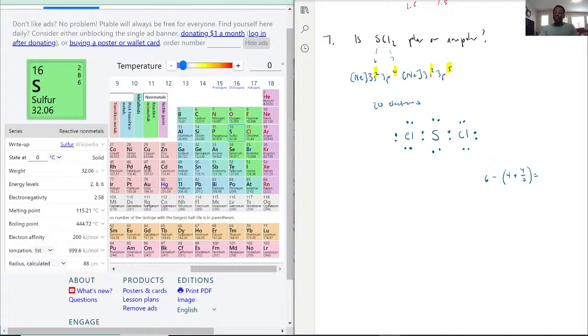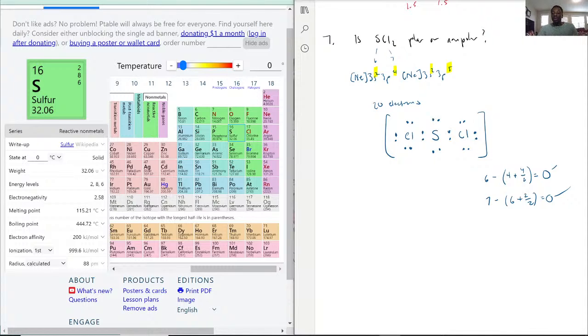So we have 6 minus 6, which is 0, which is perfect. Chlorine should also have a charge of 0, hopefully. It has 7 valence electrons, 6 by itself, and it's sharing only 2. So 6 plus 1 is 7, so we do indeed get that 0. So we're good.